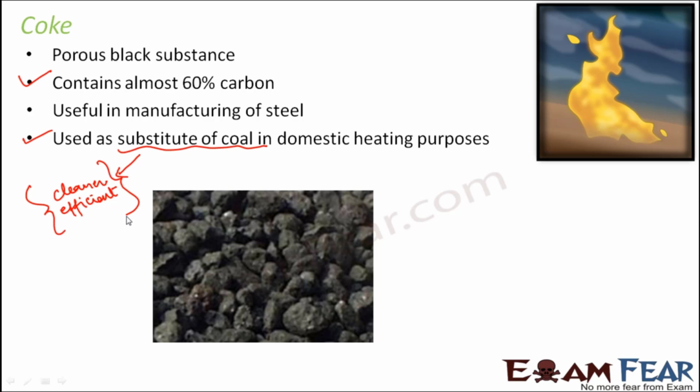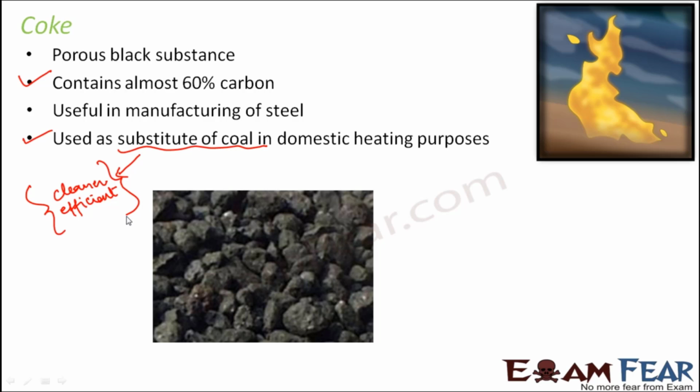Not only this, coke can also be used to produce a lot of different gases. For example, when hot steam is passed over coke. So coke, what is coke? Chemically, coke is like carbon. As I said, more than 50% of it is made up of carbon. So when hot steam is passed over it, the hot water vapor reacts with the carbon to form carbon monoxide and hydrogen.